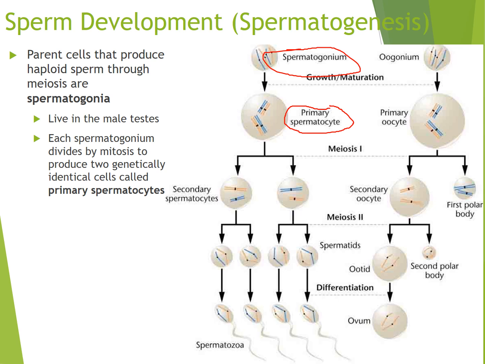Each primary spermatocyte then will divide into 2 secondary spermatocytes, and each secondary spermatocyte will divide into 2 spermatids. Spermatids contain only 23 chromosomes. They must still go along to create sperm.